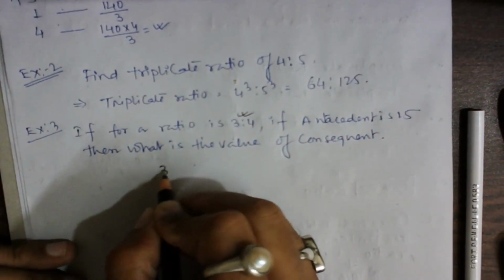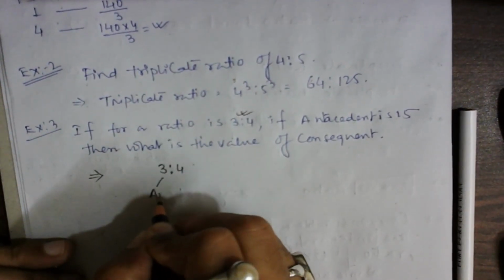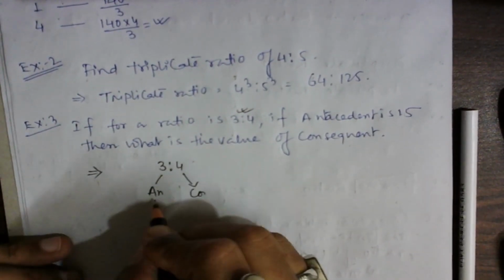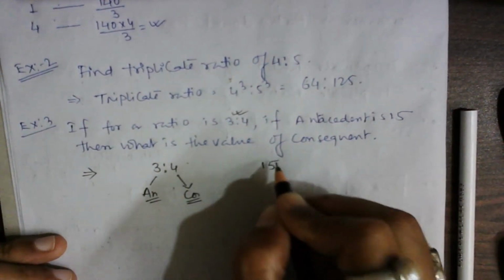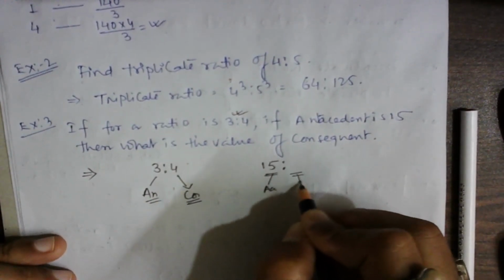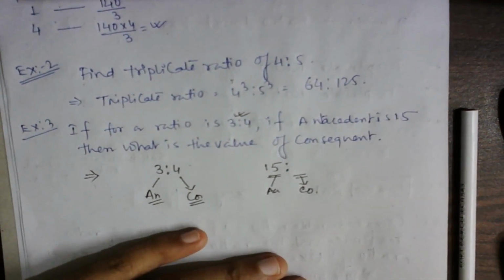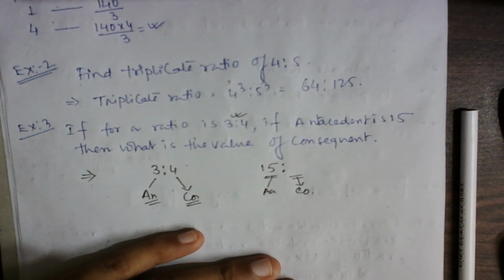See, in case of 3:4, this is the antecedent and this is the consequent. I make a short abbreviation for understanding purpose. So suppose the antecedent becomes 15, I want to calculate my consequent. I have already told you that both the terms should be increased by the same number.